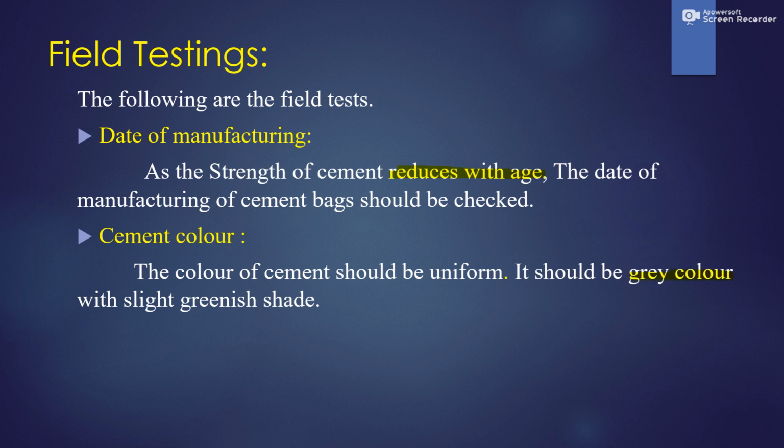That is, the color of the cement is greenish grey. When you are opening the cement bag, the cement color should be greenish grey. Then it is a good quality of cement.